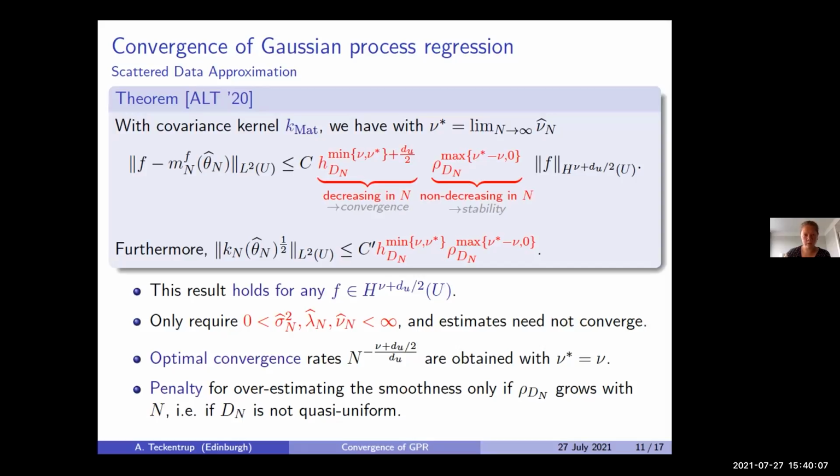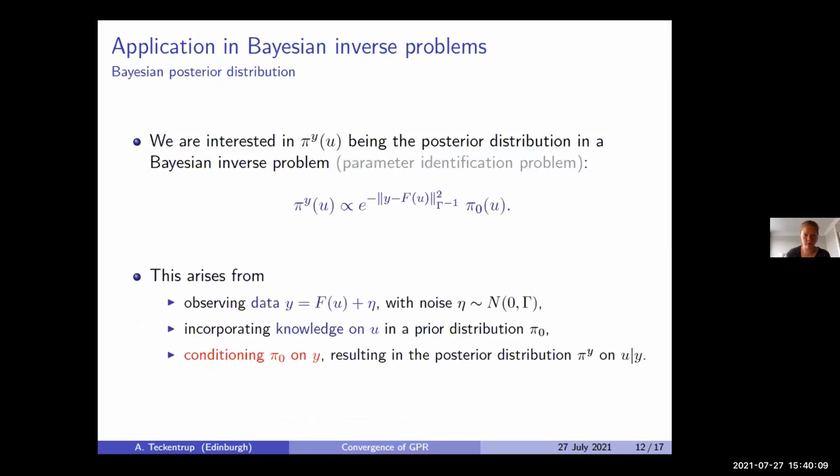Okay. So now in the end, I just wanted to very quickly talk a bit about inverse problems, because I know a lot of the other speakers are talking about inverse problems. One of the application areas that we've looked at for Gaussian process regression is inverse problems.